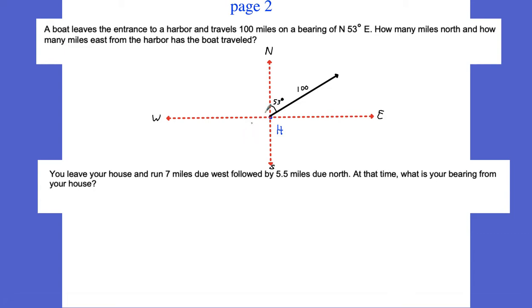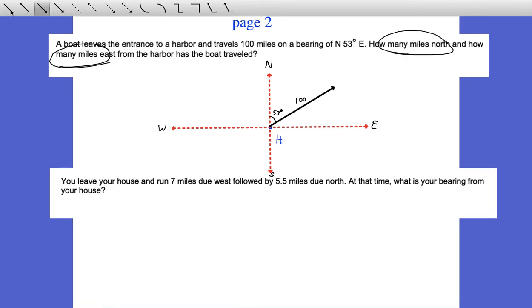So the question is asking, how many miles north and how many miles east, so 2 different questions, from the harbor has the boat traveled? So it's essentially asking us how far to go up, how far to go north, that'd be up, and how far to go to the right, that'd be east. So we're looking for these 2 segments. This blue one for how far we went north, and this purple or pink one for how far we went east.